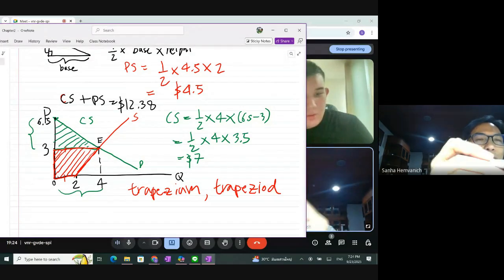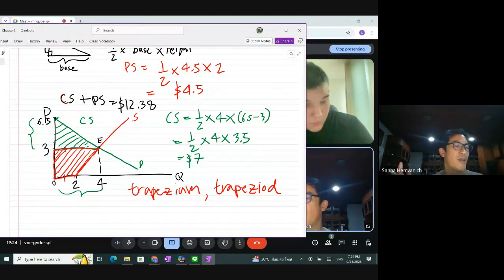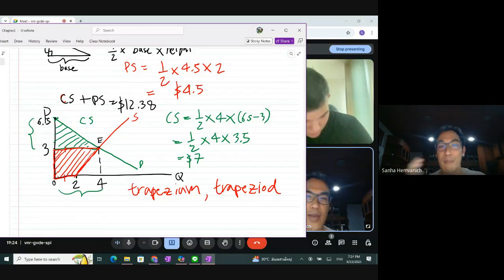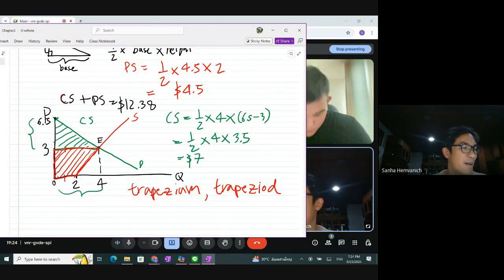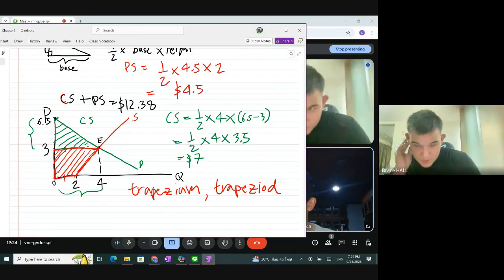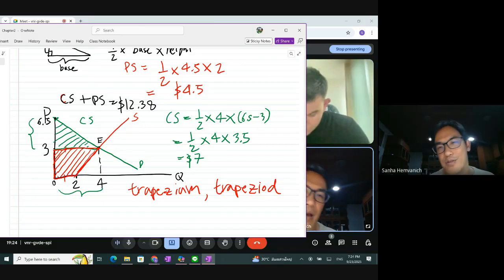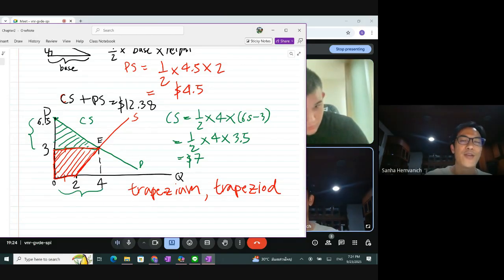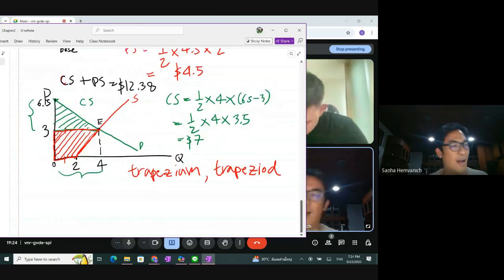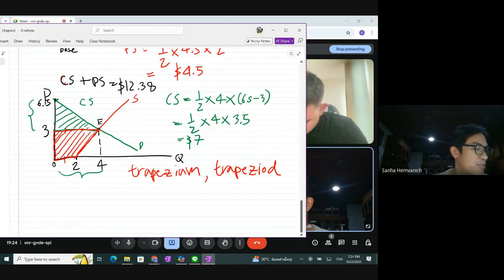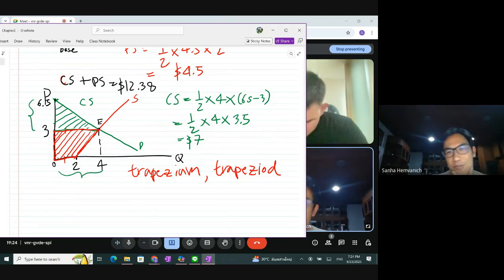If you look at it, you can remember the formula, which is that the area of the trapezium is A plus B, times C, divided by 2. You can do that and you get the answer of 9.